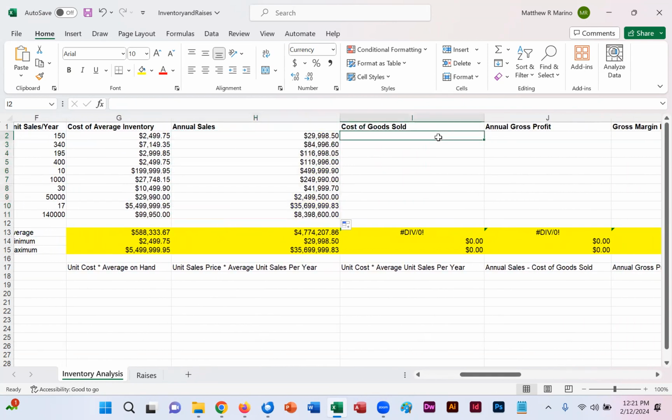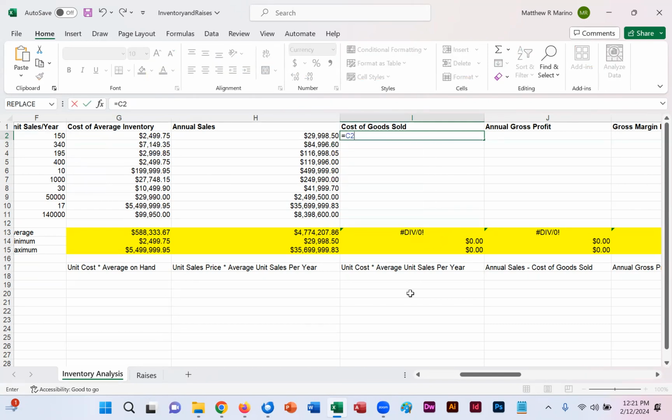Then in column I, we calculate our costs of goods sold, which is sometimes referred to as COGS, which tells us to calculate unit cost times average unit sales per year.